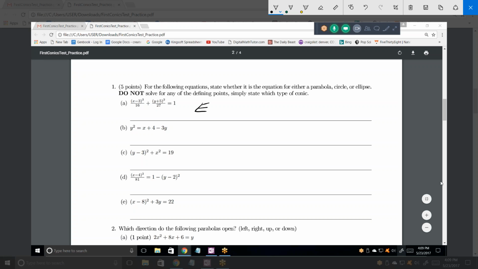It's an ellipse because it fits the definition of an ellipse. But the biggest reason is that this denominator is a different number than that one. If those numbers are the same, then it's a circle. Notice that if this was a 16, I could multiply both sides by 16 and I would have the standard equation of a circle. What makes it an ellipse is the denominators are different.